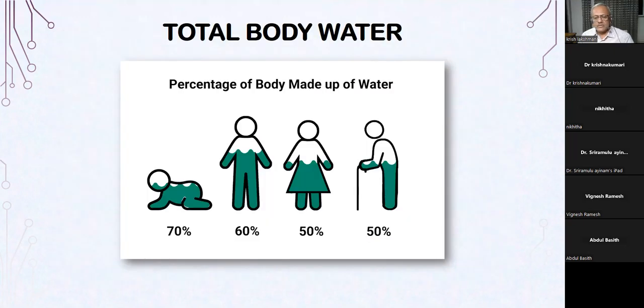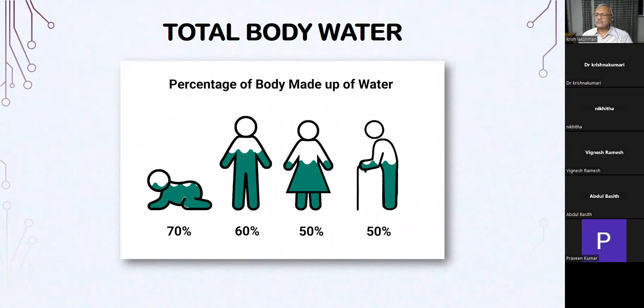Why do you think it is less in women, Nikitha, compared to men? The metabolic rate is different for men and women, sir. Not only metabolic, the composition. What is the difference?